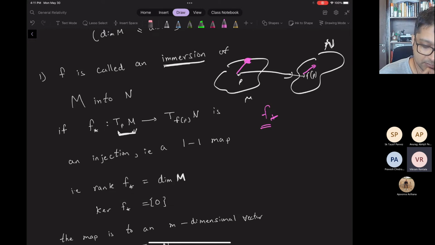Between every vector here, you get a unique vector here. That is, two vectors here will not give me the same vector here. That's the important criterion.